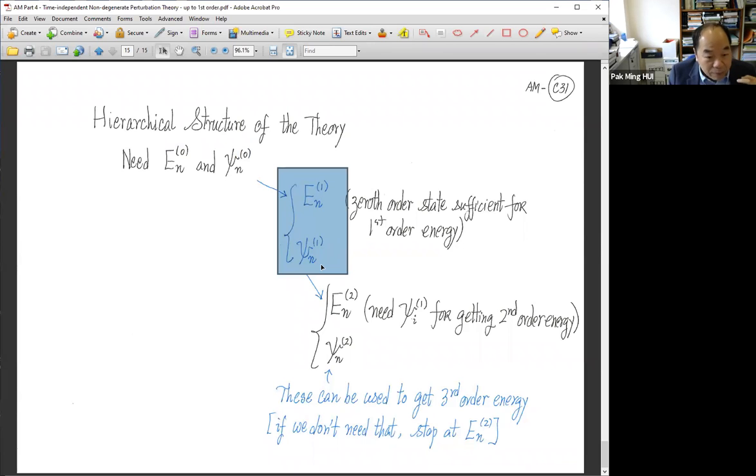Okay, that's pretty good. We know that it is called non-degenerate perturbation theory. And another application of knowing the first order state is to get at the second order energy. All right, that we will do now.